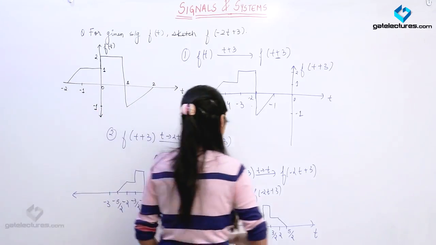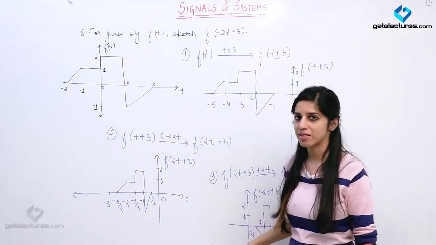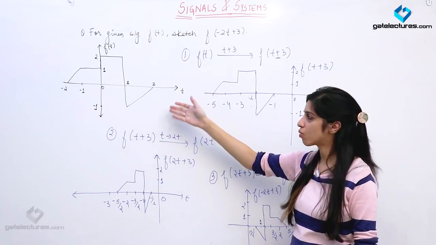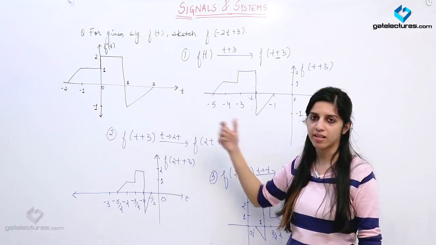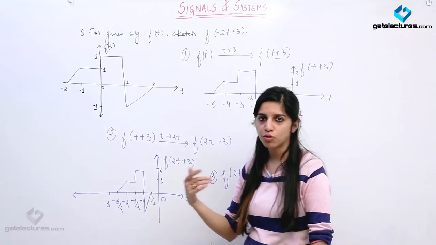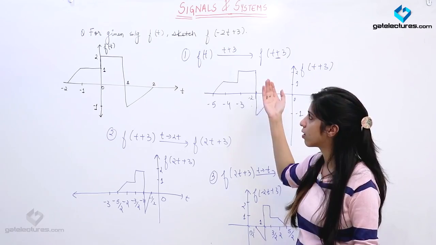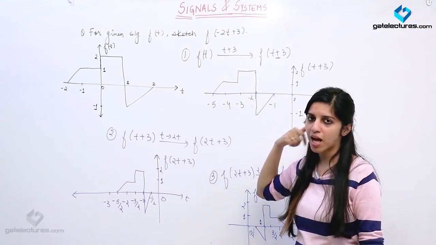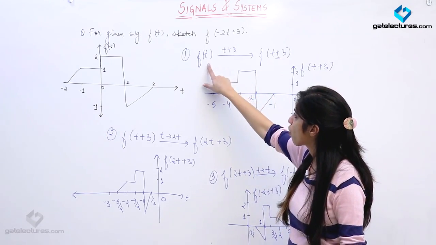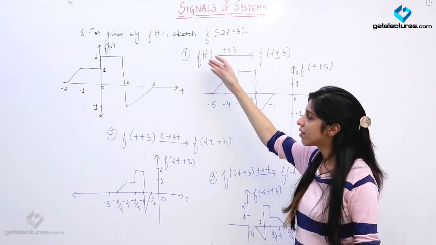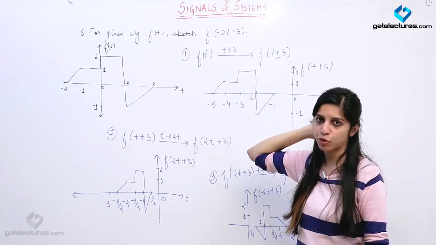Now see, there were several ways to obtain this signal from this one. We chose the sequence of shifting first, then scaling, then reversal. If you want to choose some other sequence of operations, suppose you want to perform scaling first, you can do that also. First you are going to scale t to 2t. The signal you are going to obtain is f of 2t.